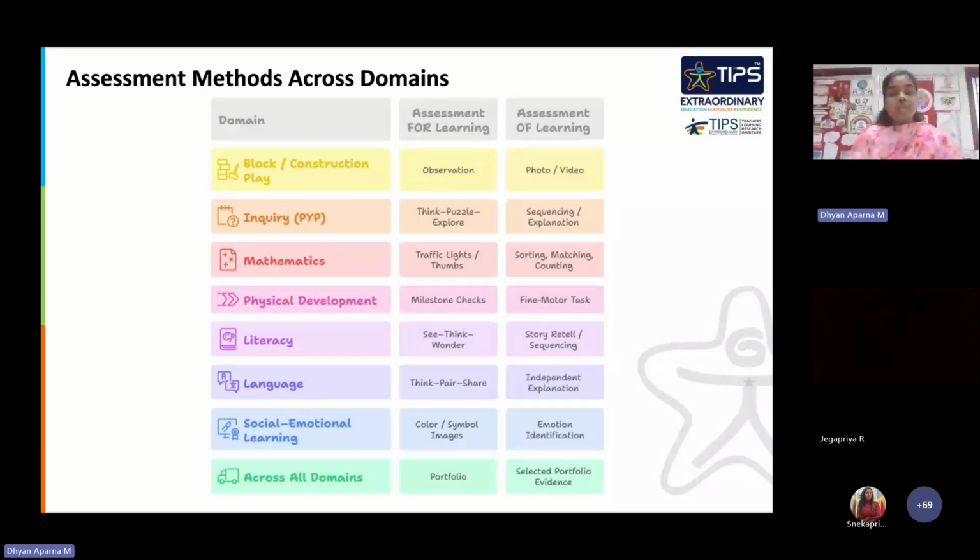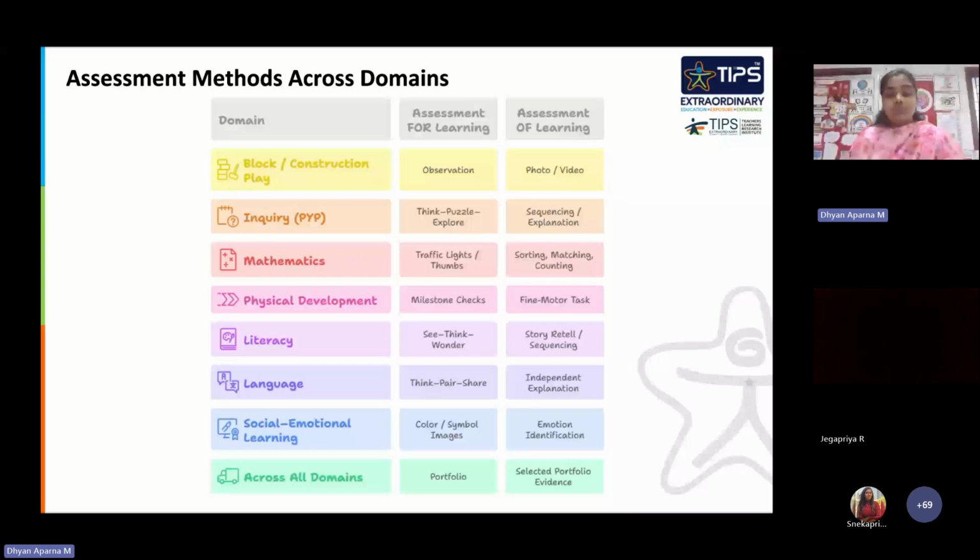So, across all these domains, we bring everything together through portfolios. Portfolios are a good way to capture their learning journey over time, and it shows growth in a meaningful way. And all of these things that we do every day in our classroom, but here the key question is, are we doing them intentionally and meaningfully as a part of assessment?